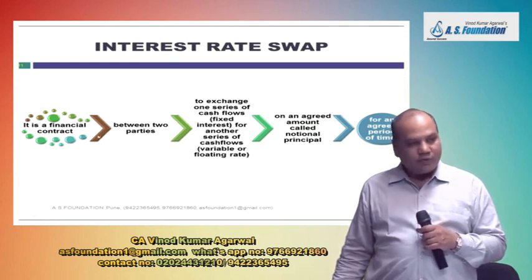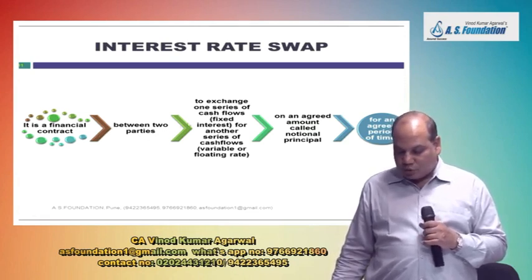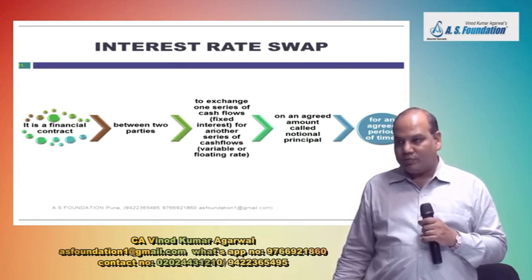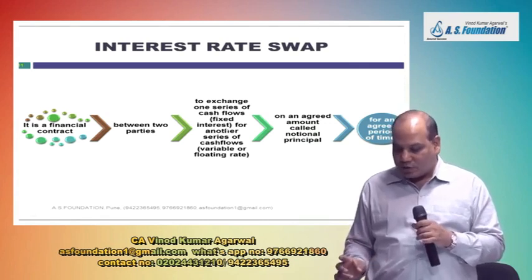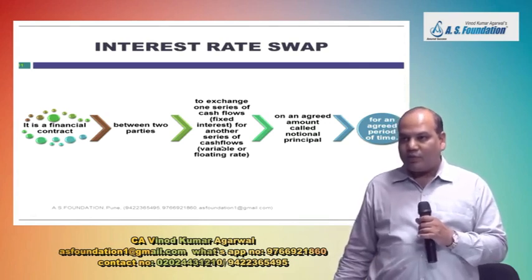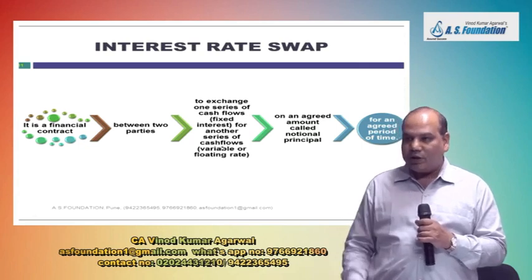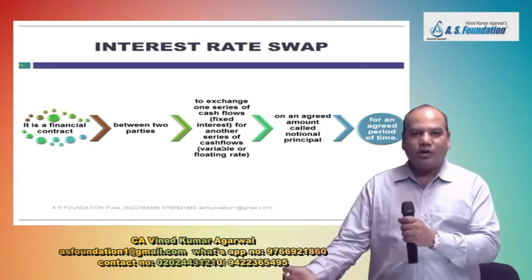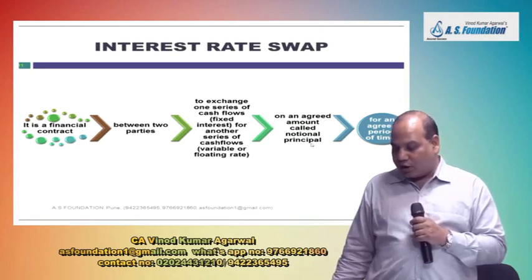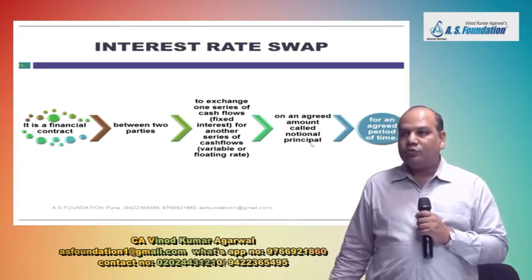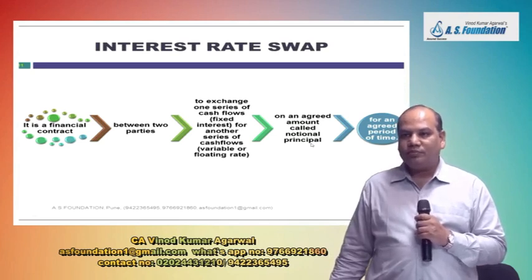Interest rate swap is a financial contract between two parties to exchange one series of cash flows, that is fixed interest. One party will pay fixed interest for another series of cash flow, that is variable or floating rate. The other party will pay variable or floating rate on an agreed amount called notional principal.